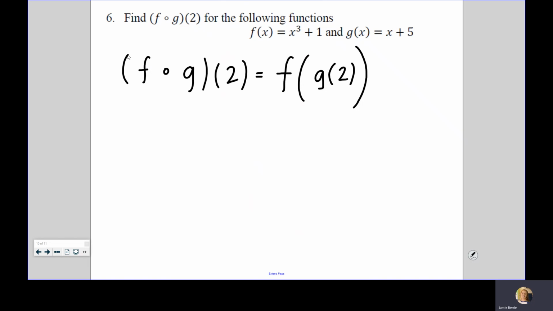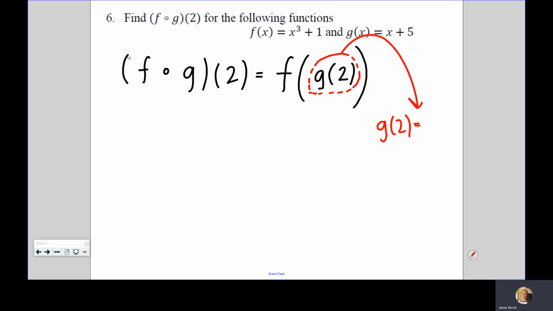Still going to start on the inside. All right, so start on the inside here and just go off to the side. Figure out what g of 2 is. And then we'll replace g of 2 with whatever we figure out that is.